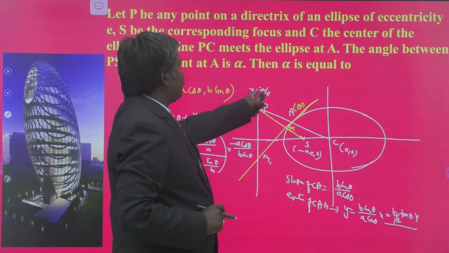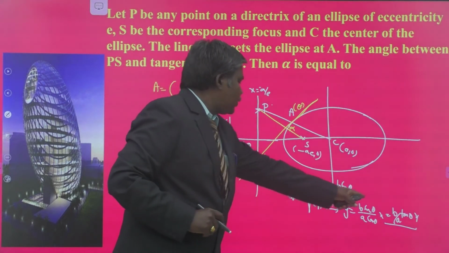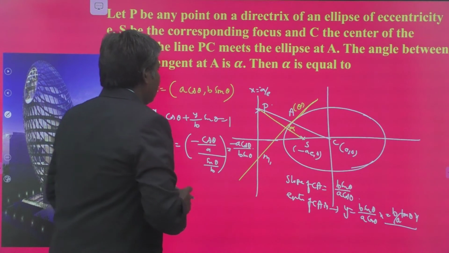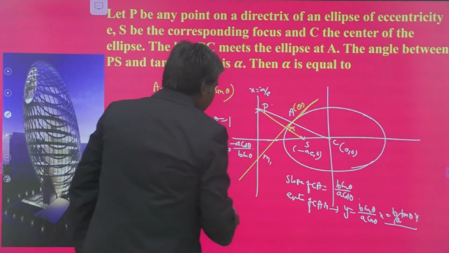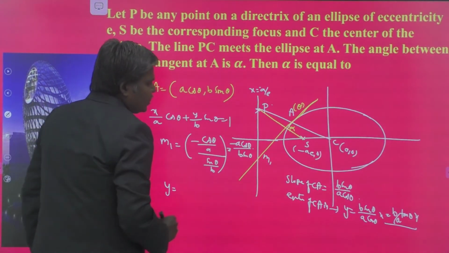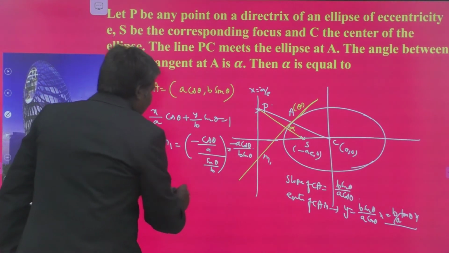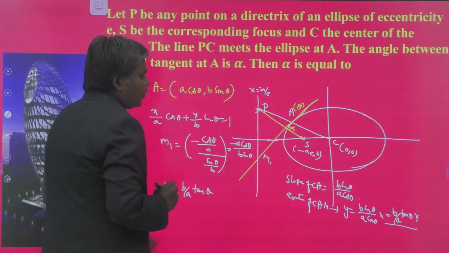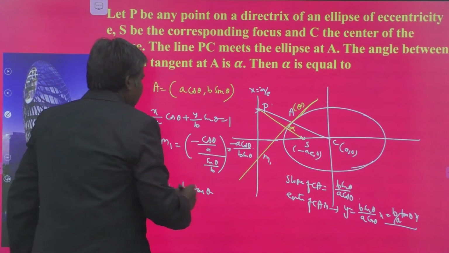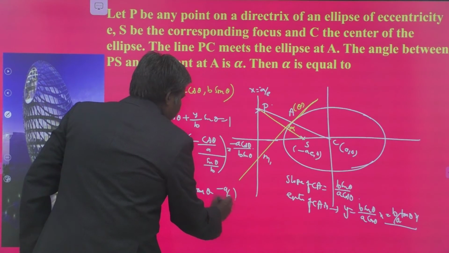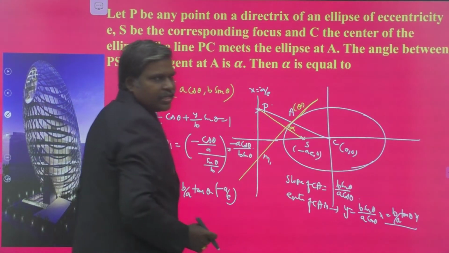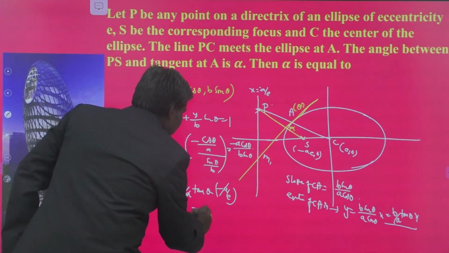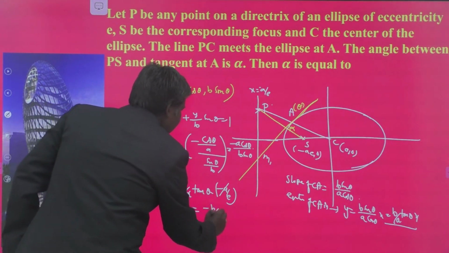By solving x equals minus a by e with that line, we get the coordinates of point P. Substituting, y equals b by a tan theta into minus a by e. The a gets cancelled, so y equals minus b by e tan theta.